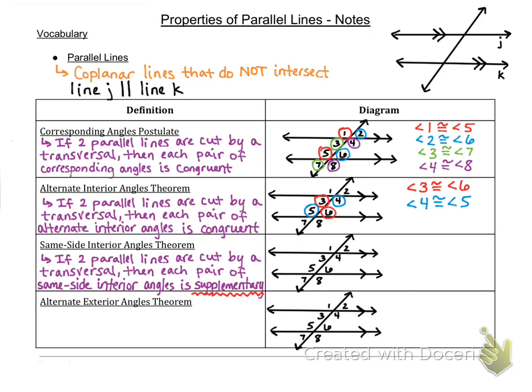So if we look at our diagram, again, we have two parallel lines. We have to have parallel lines in order for this to work. We have angle 3 and angle 5. Those are same side interior angles. So angle 3 and angle 5 are supplementary, so they add up to 180.